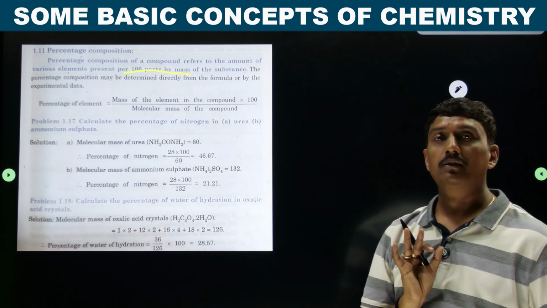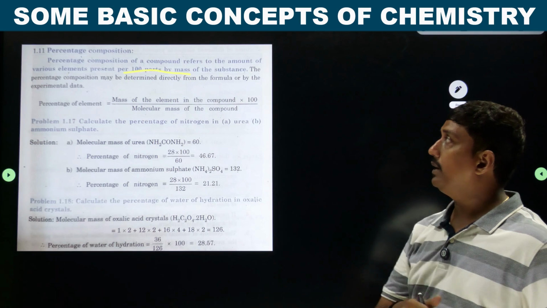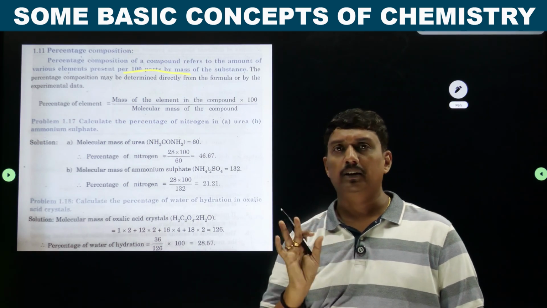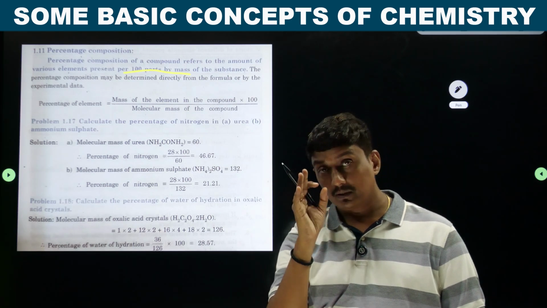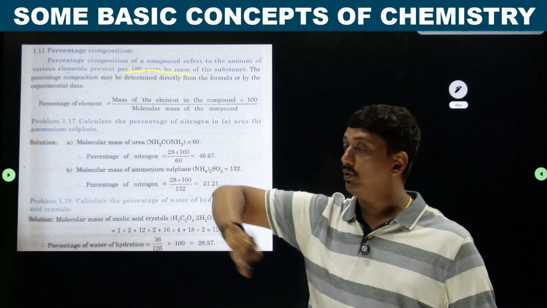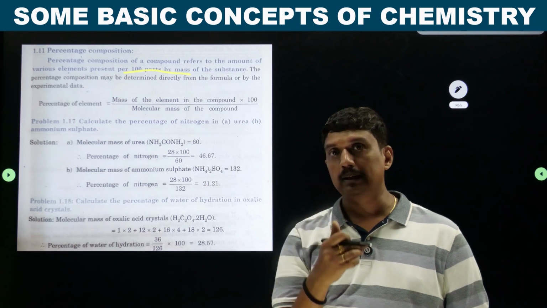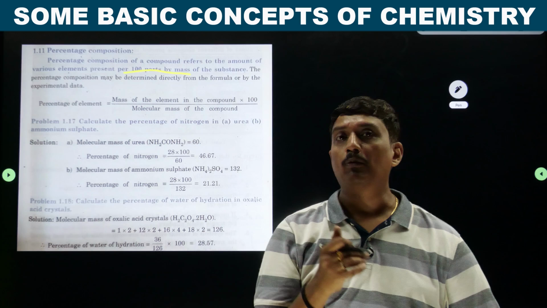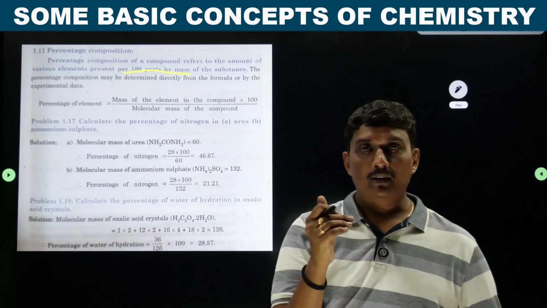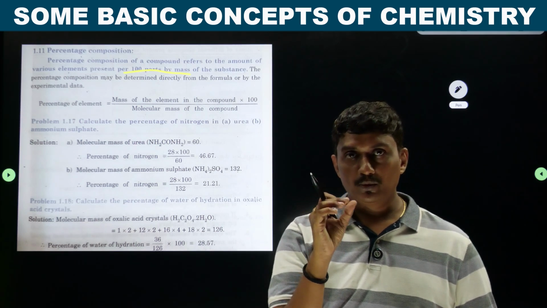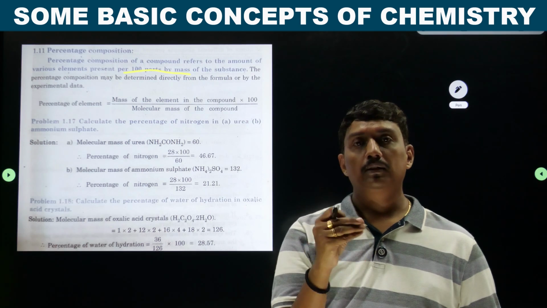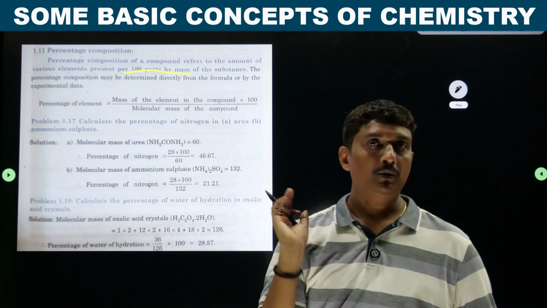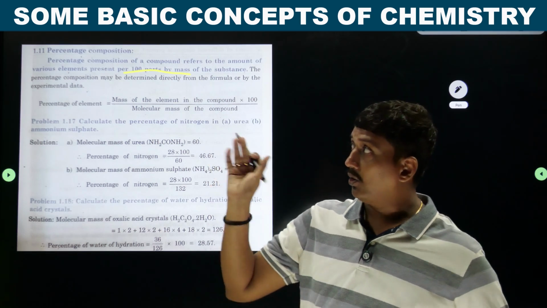Usually they don't ask a definition on this. It is required for the numerical. You should calculate percentage composition. This topic is related to empirical formula, where percentage composition data is required. If direct data is given, it can be written. Otherwise, you should derive it using this concept.